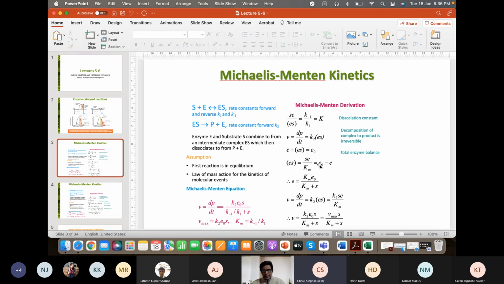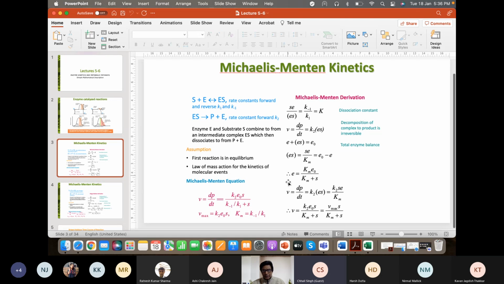And that is nothing but equal to, also from this equation, E0 minus E. Then from here you get an equation for E, and you substitute this back into the first equation, the rate of change equation, where you write dp dt as that ES, which is going to be nothing but this component here.